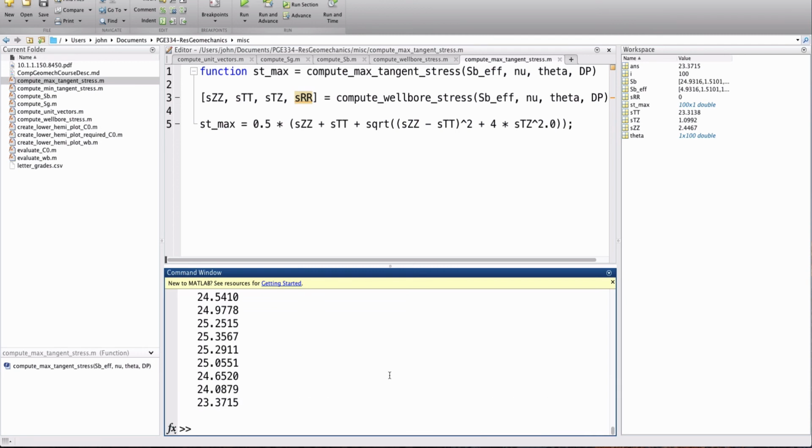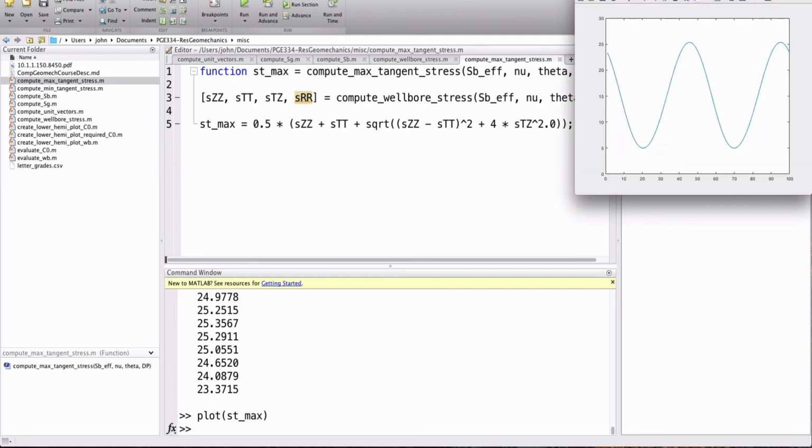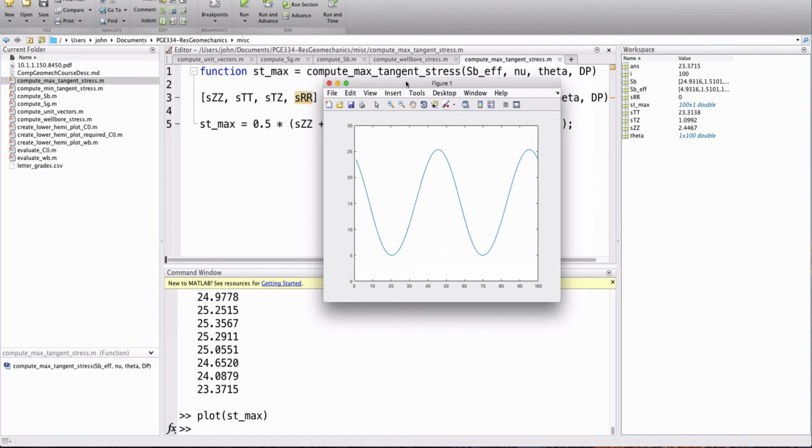All right, I don't know what I did wrong the first time, but nevertheless, if we then plot ST max, you can see, okay, as it goes around. And now, again, I just plotted it as a function of number of points. I didn't give it an x-axis, but this is linear with respect to the degrees, right?